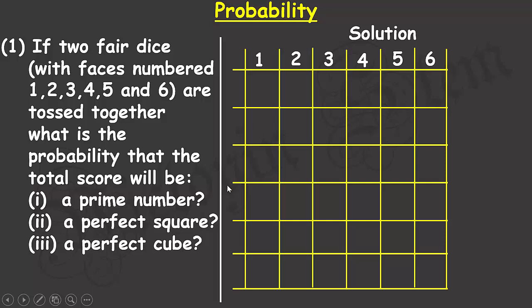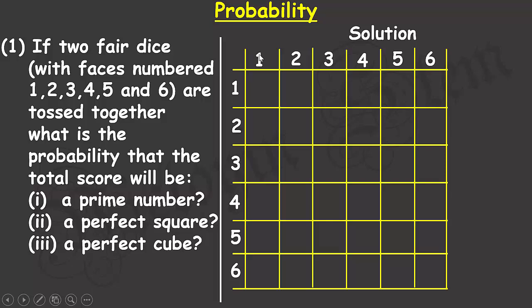And then the second dice, we have the same numbers, 1, 2, 3, 4, 5, and 6. So if I toss 2 fair dice, I'll write out the possibilities in each and every one of these cells, okay?